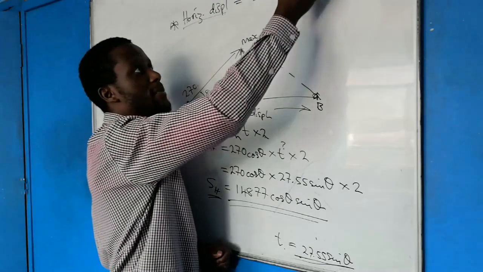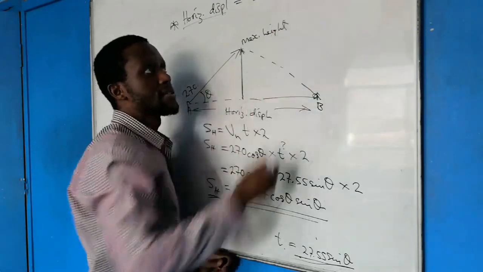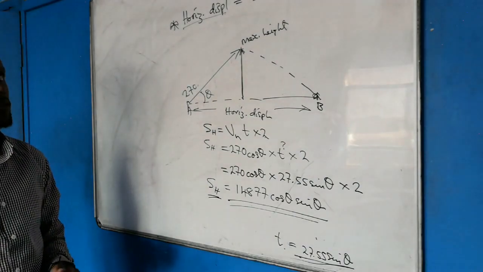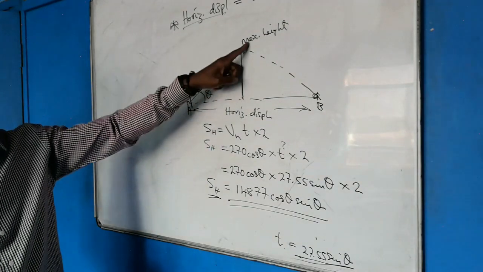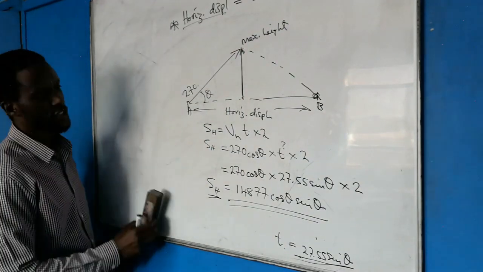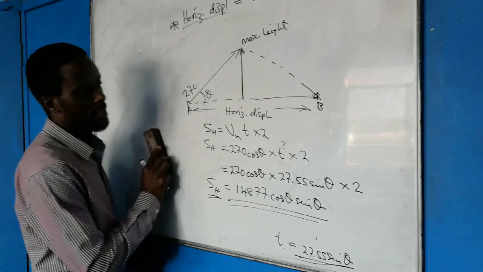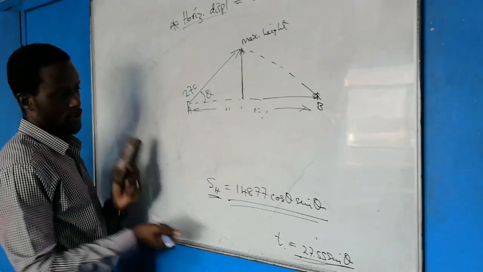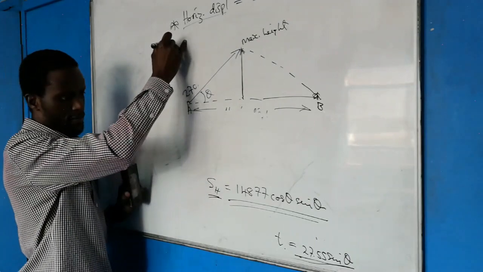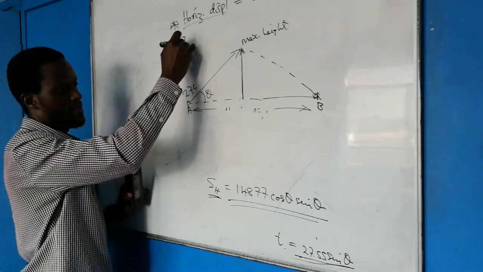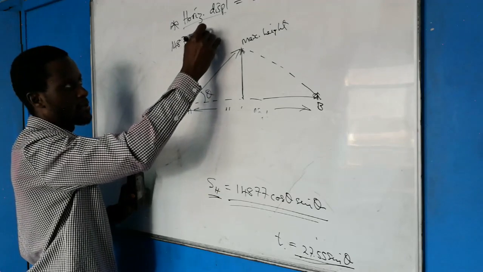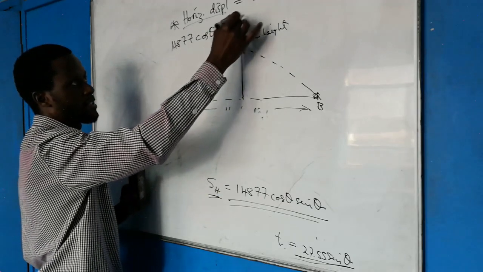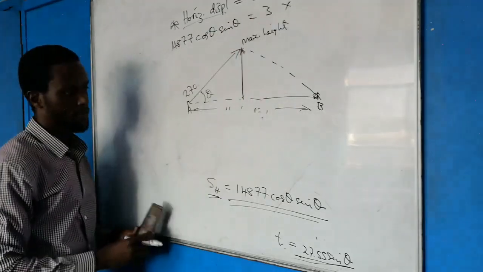So at least from this, we have managed to get this. Then the maximum height, the vertical displacement from there up to there. With the same information that we have, on this side what we have is 14877 cos theta sine theta is equal to 3 times whatever.